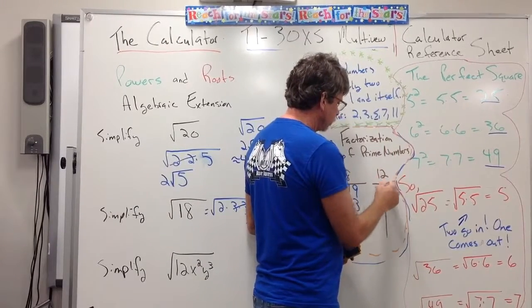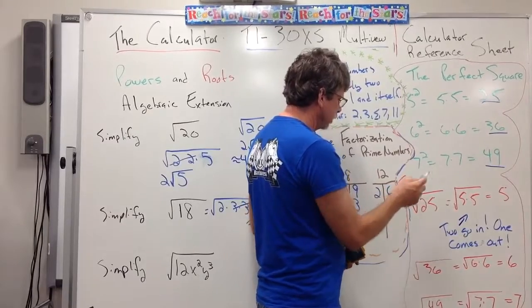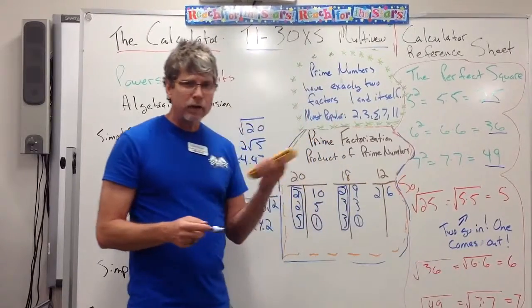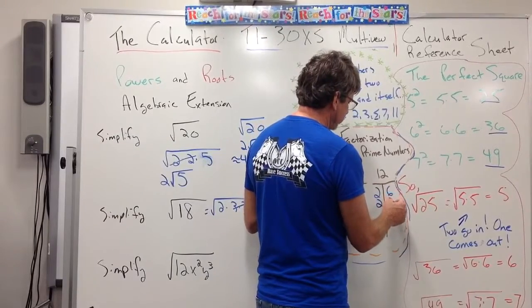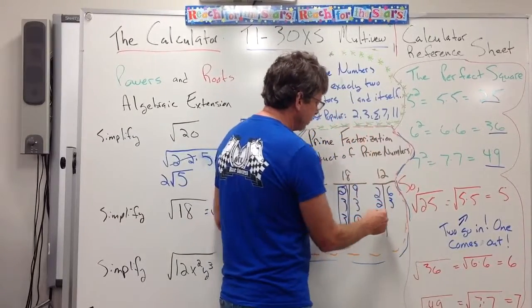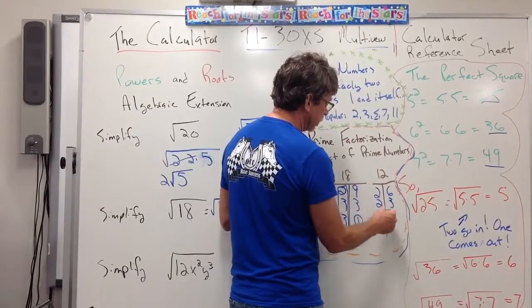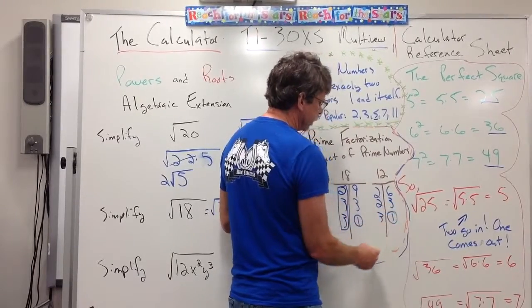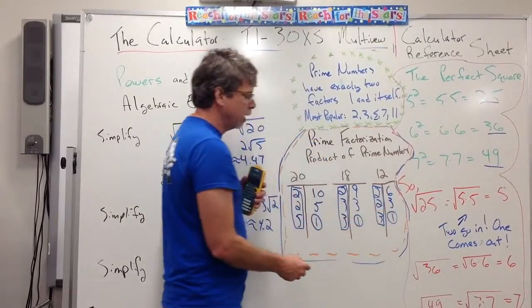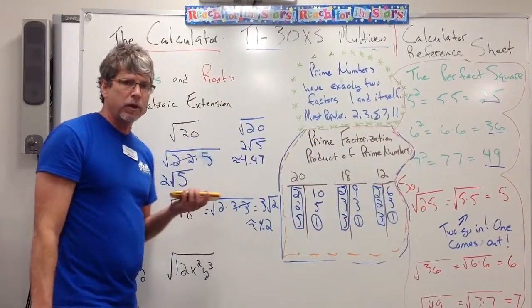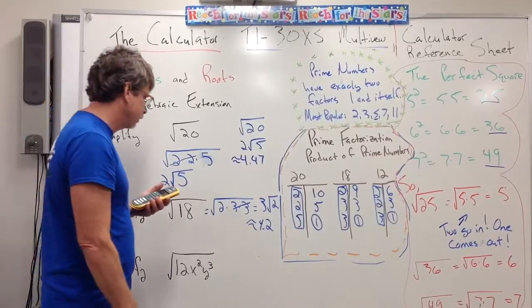So 2 goes into 12 6 times. 6 is not prime because 2 goes into it. 2 goes into 6 3 times. 3 is a prime number, and we know that 3 goes into 3 one time. Again, my prime factorization is this side over here. 2 times 2 times 3 would be the same thing as 12, but we call that a prime factorization.